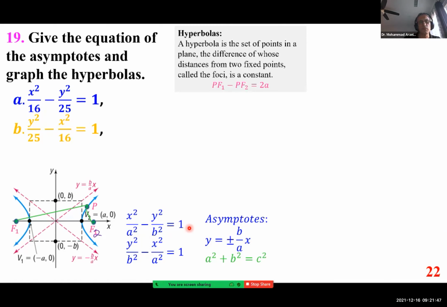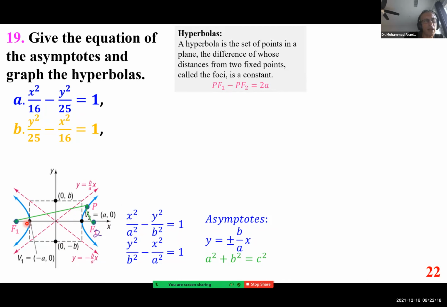So in both cases, the center is at 0, 0. And the equation of asymptotes is y equals plus minus b over a times x. So this is the same for both of them. In this case, we have it open sideways, okay? And the vertices take place at a, 0 and negative a, 0.